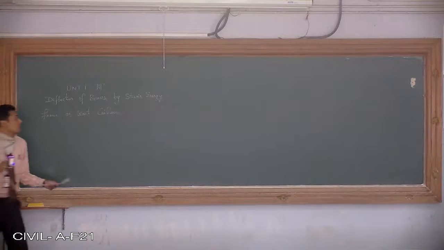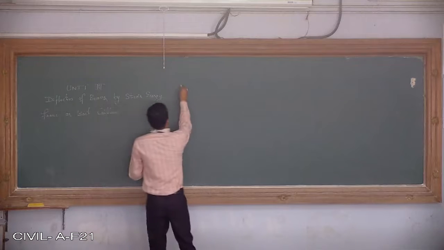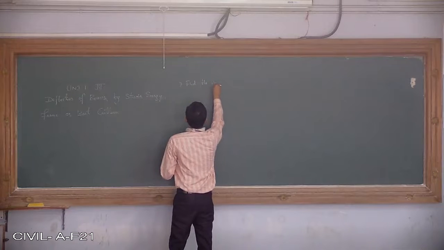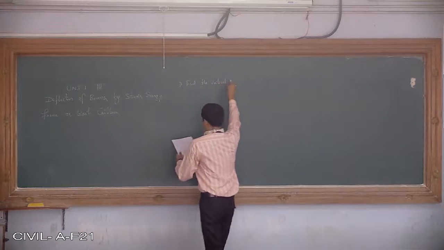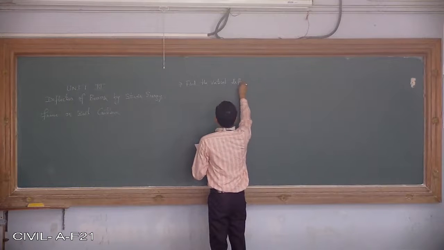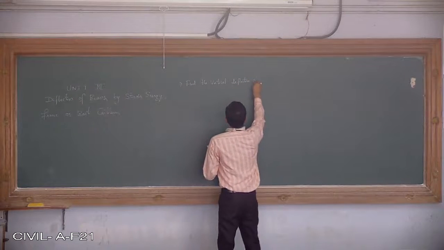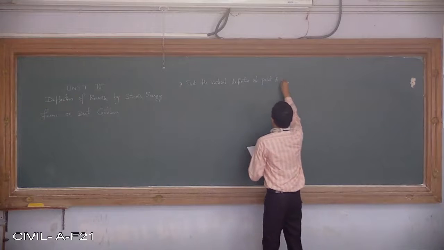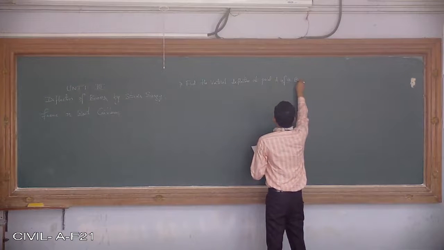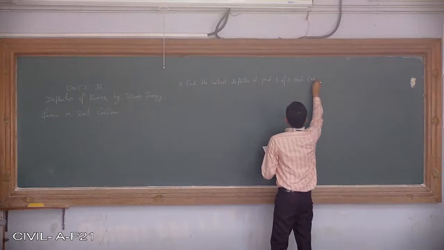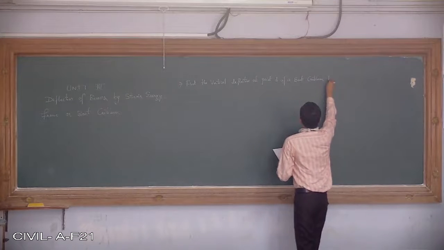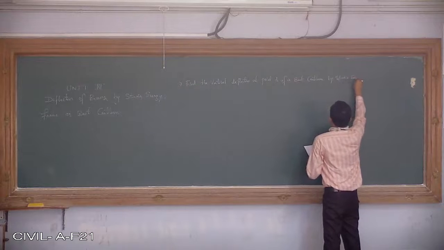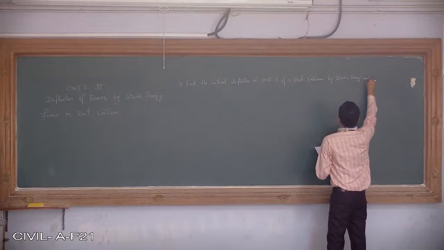Clear? So the first numerical I'll solve: find the vertical deflection at point A of a bent cantilever by the strain energy method.